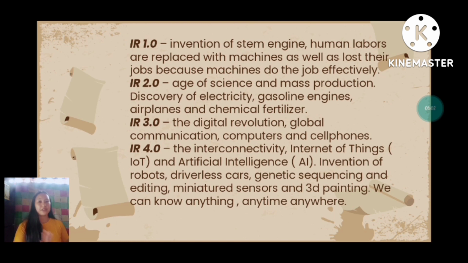So, IR 4.0 is also the Internet of Things, or IoT, and artificial intelligence, or AI. So, invention of robots, driverless cars, genetic sequencing, and editing, miniatured sensors, and 3D printing. So we can know anything, anytime, anywhere. So in IR 4.0, the invention of robots, the driverless cars, as well as genetic sequencing have started.